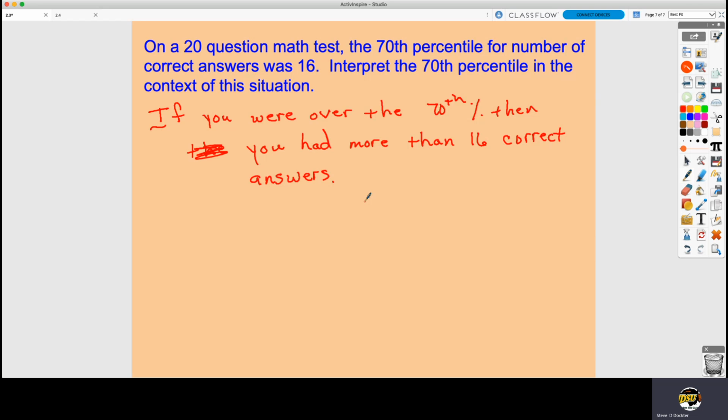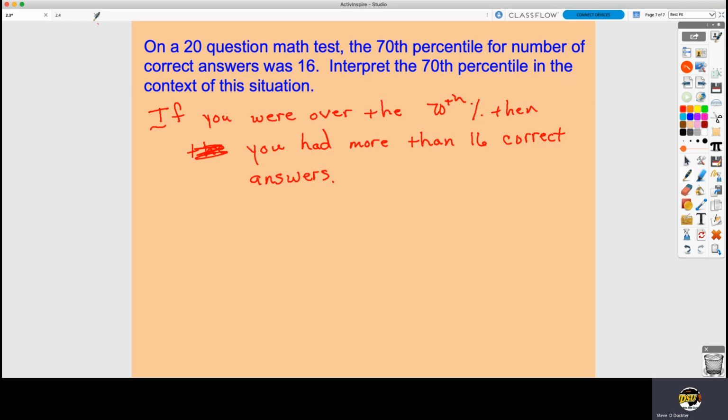We see that a lot when you got your ACT scores back, they would say your 36 got you into the 98th percentile. None of you got a 36. I don't think you did. You get what I'm saying though, right?